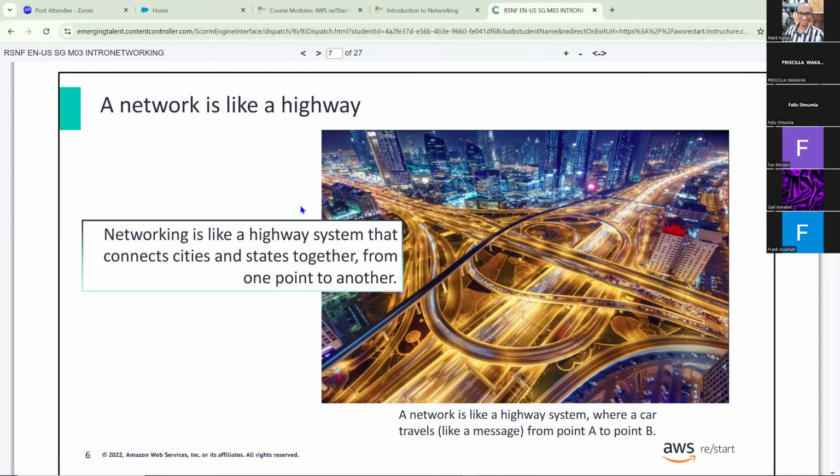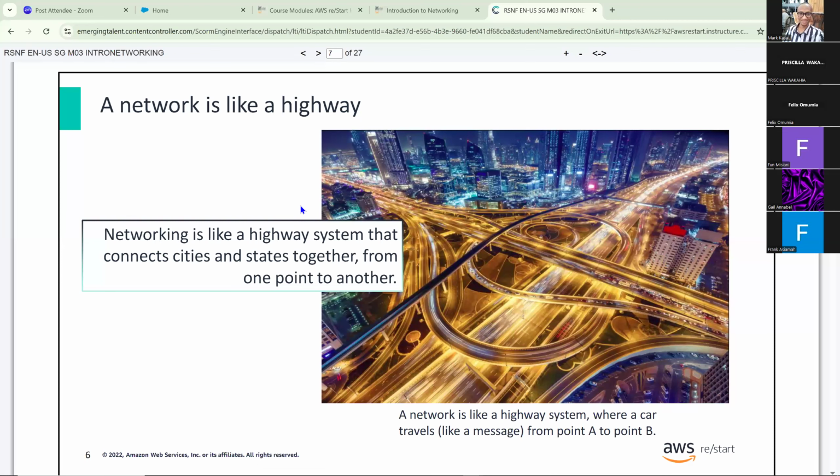So networking is like a highway system that connects cities and states together from one point to another. It is possible for me to start driving from Kiambu all the way to Kisumu, all the way to Mombasa, all the way to this other place. As long as I have my map right and I have the road right, I'll get to where I'm going. So it is the same way.